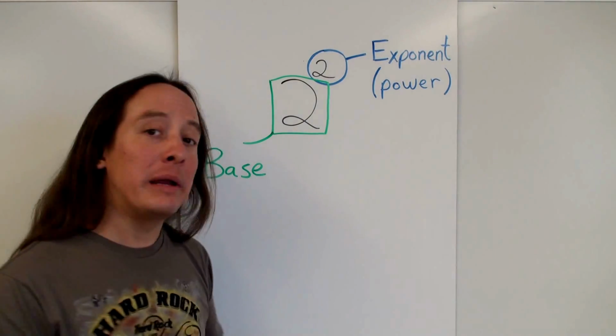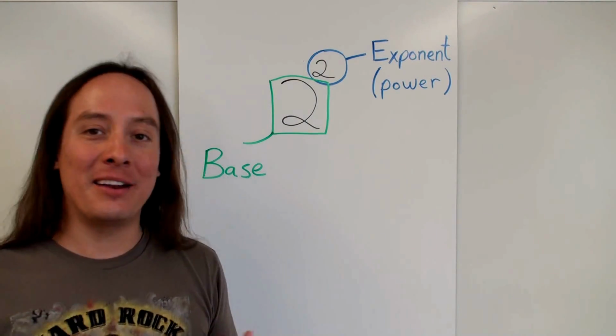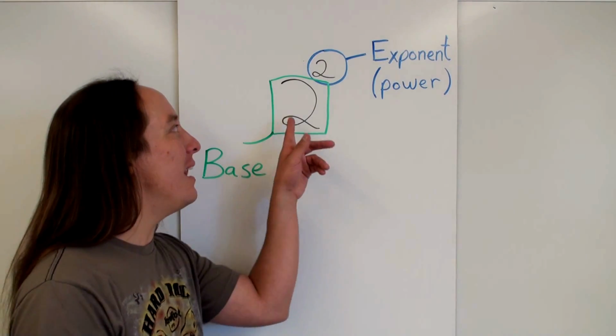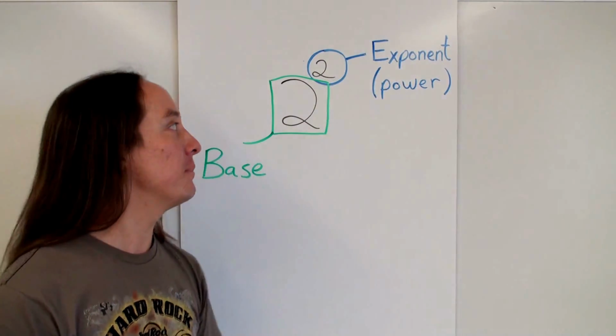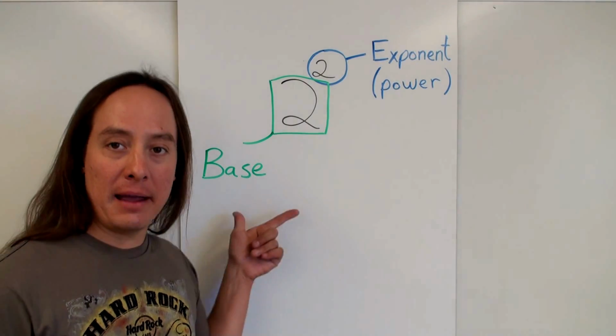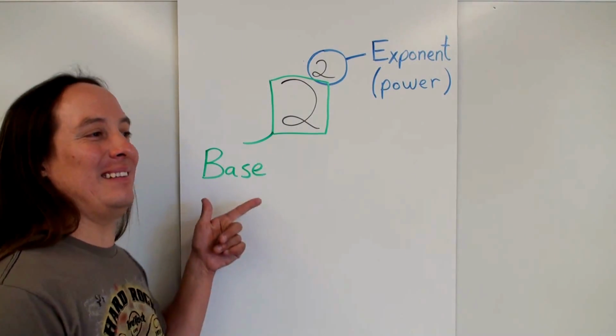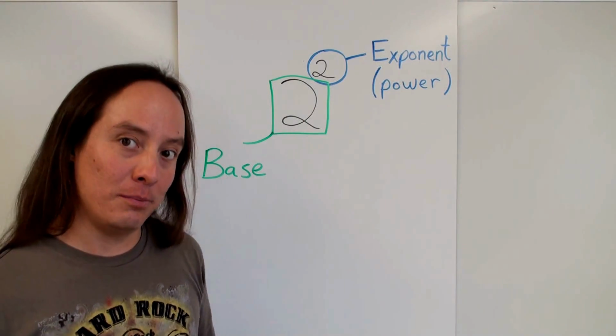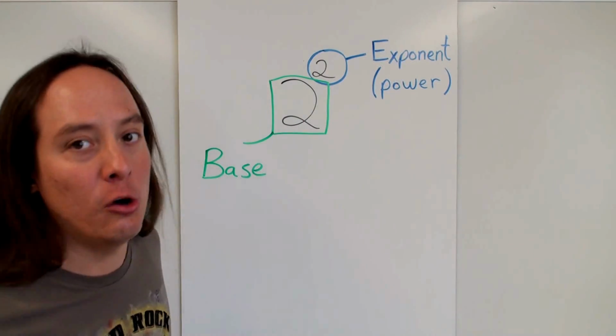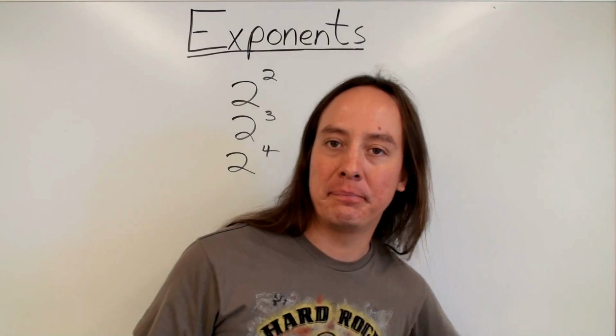Now, what my students try to do the first time they see it, is we never multiply the base times the power, or the base times the exponent. We will only multiply the base times the base times the base, the certain number of times that the exponent tells us to. So it's base times base always, never base times exponent.